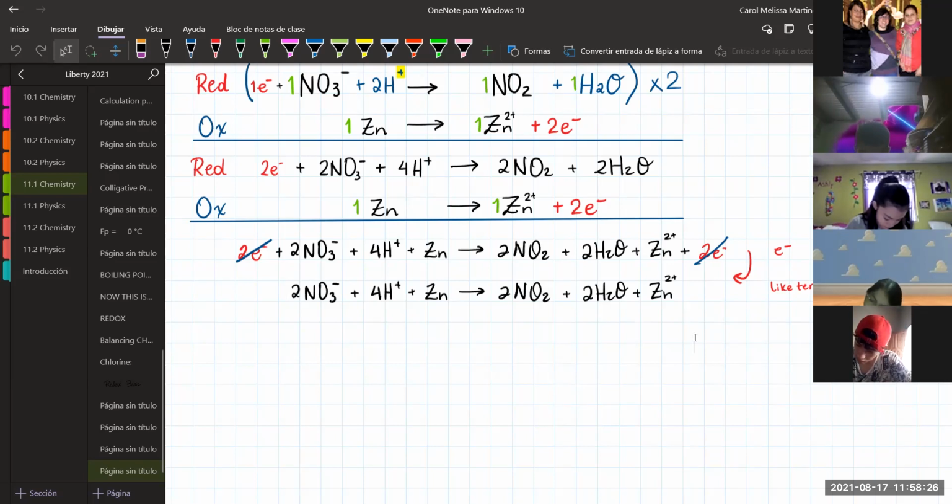The only one that looks like a like term is zinc, but they are different because this zinc is a pure element which has a charge 0, and the zinc in the product is zinc 2 plus, which is an ion that has a charge of 2 plus. So even though they look almost the same, they are not the same thing. So you cannot eliminate it.